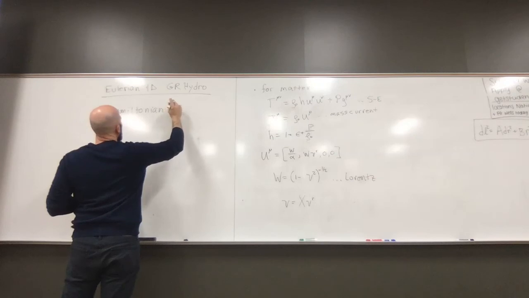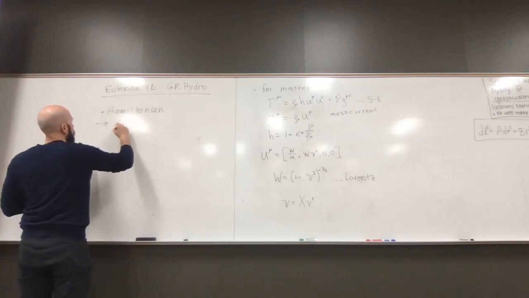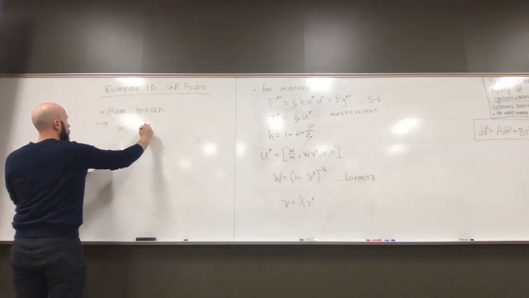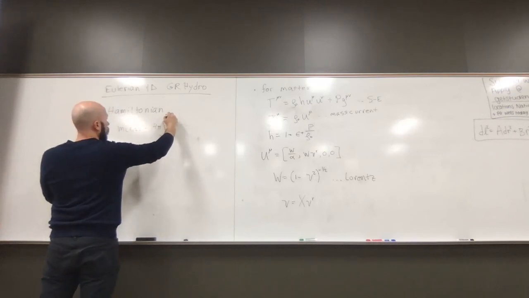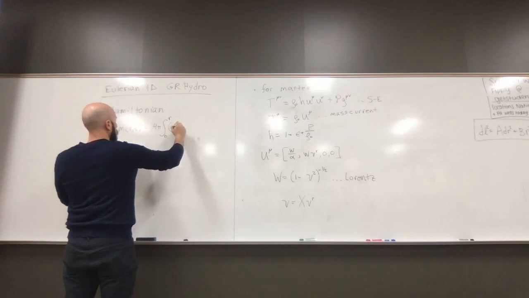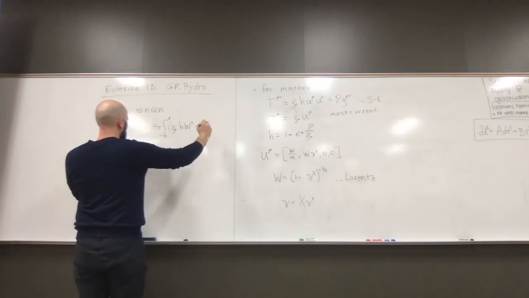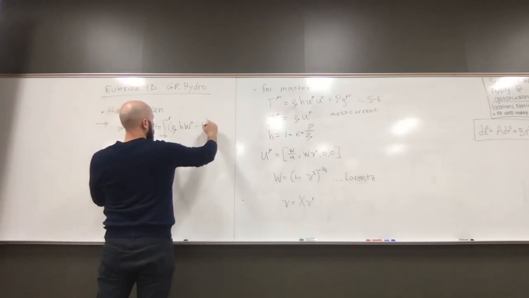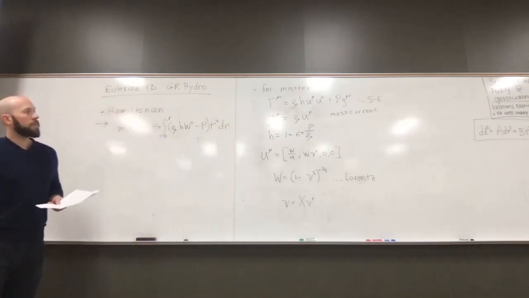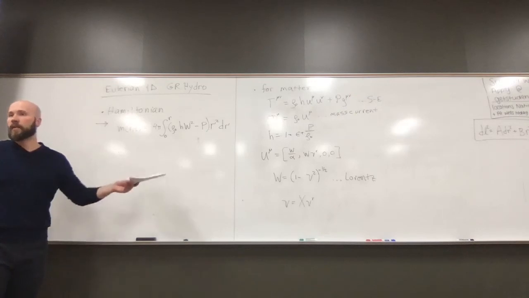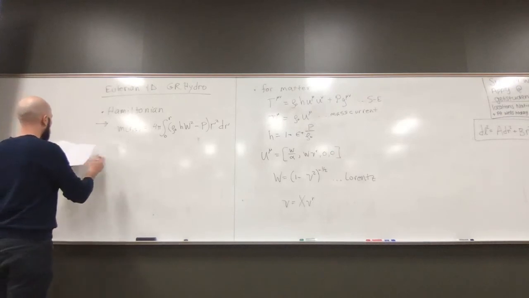The Hamiltonian constraint leads to mass as a function of space and time equal to 4 pi integral from 0 to r of (rho naught h W squared minus p), I'm going to leave that off for the moment, r prime squared dr prime. That's just from the Hamiltonian constraint. The other mass equation that we had in Lagrangian came from the Hamiltonian constraint as well. I just didn't explicitly state that.